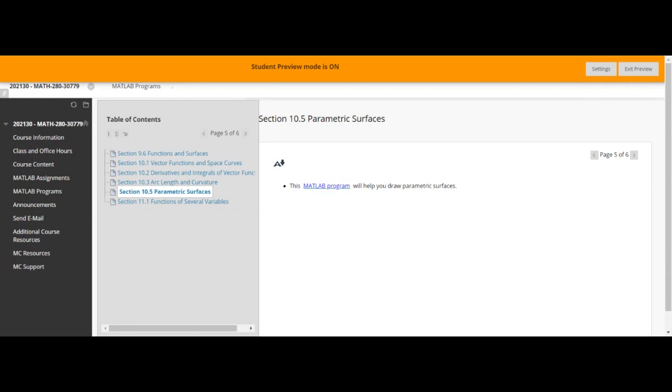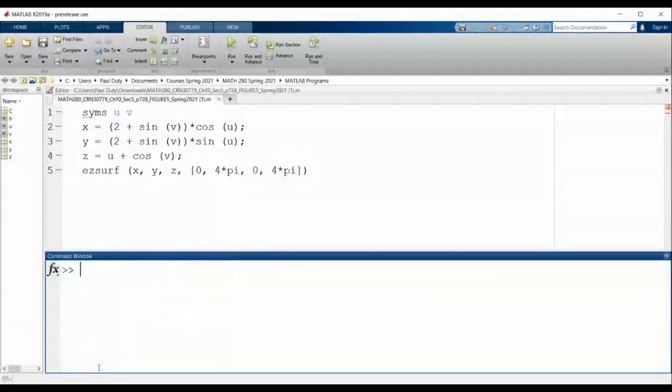Hold on here, I just want to get rid of the junk. Now I want to go into MATLAB. Let me do clc.